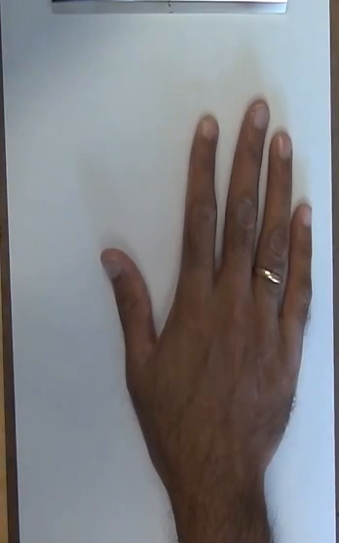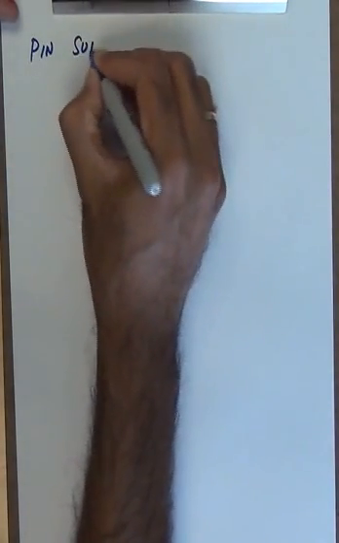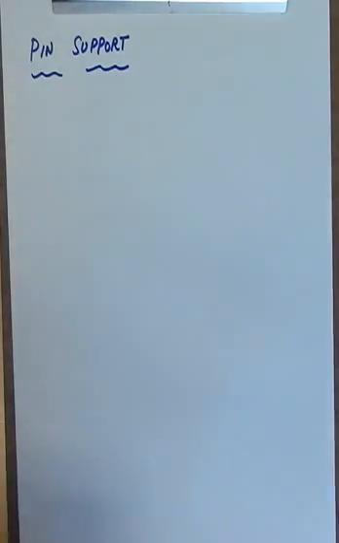Alright, so we'll look at a pin support first. I'm going to look at an isolated pin without worrying about the rest of the rigid body. So here is an example of that. Isolated rigid body.